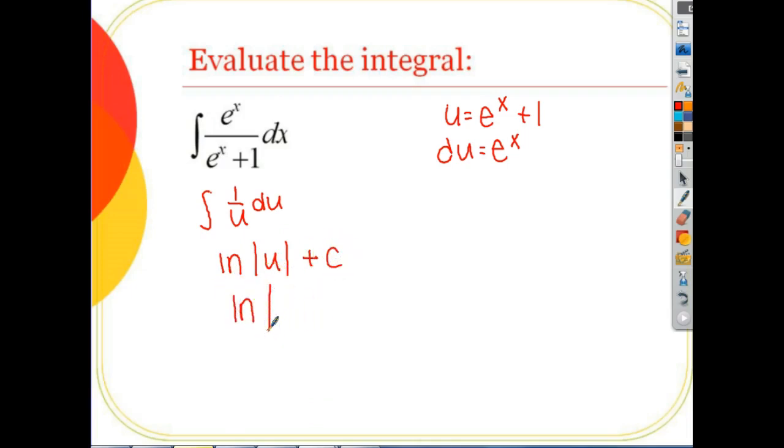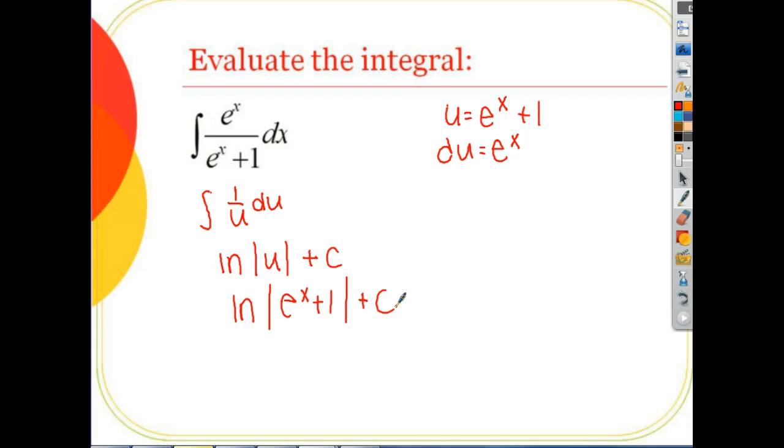Remember, from here on out, we're playing it safe and putting our ln's with absolute values, because we don't necessarily want to have to account for the domain of e to the x plus 1. You could be wrong by putting the absolute values. You could be wrong by not putting them, though. Okay?